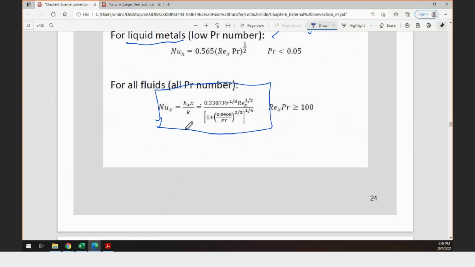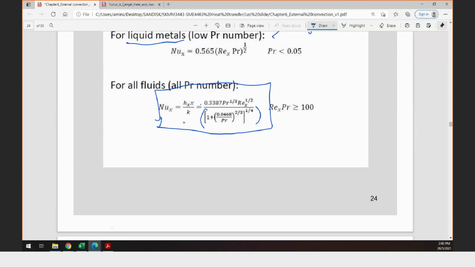Normally, this equation can be applicable to any kind of fluid and any kind of flow type, whether it is laminar, transition, or turbulent. Because you can see the equation will be a bit complex, because you are having other terms of Prandtl number with a different factorial in the denominator.